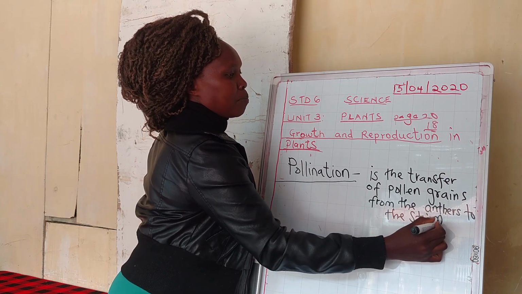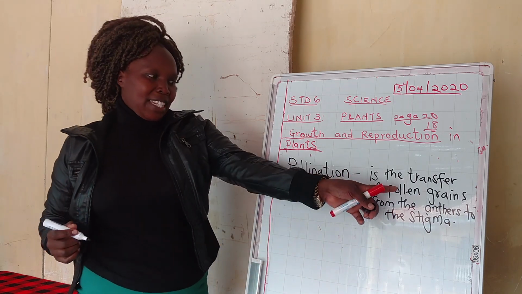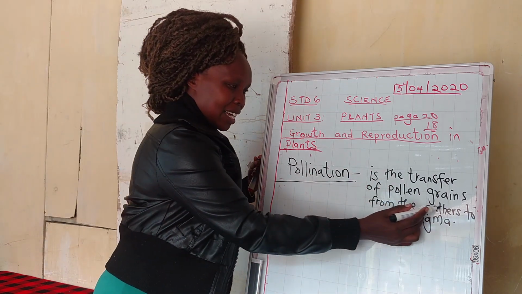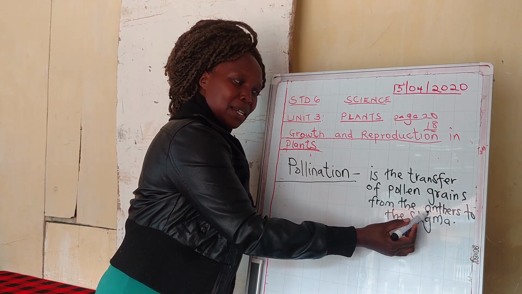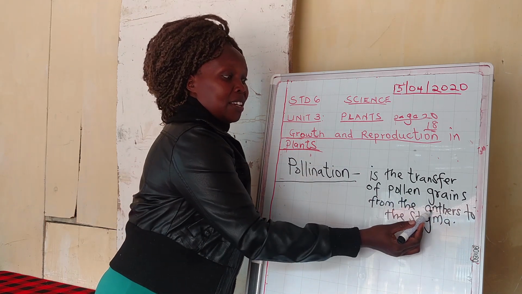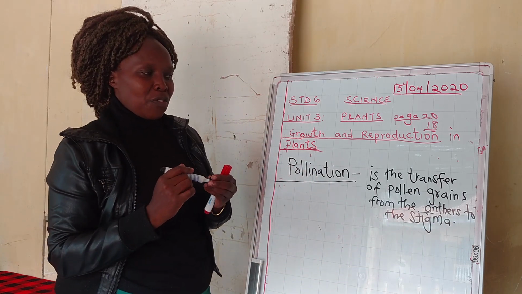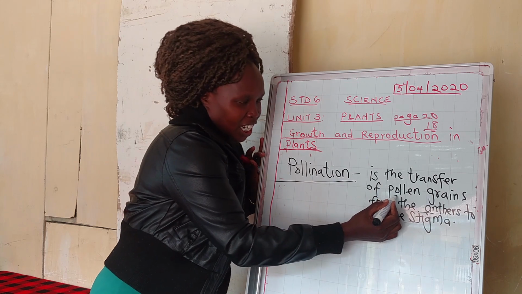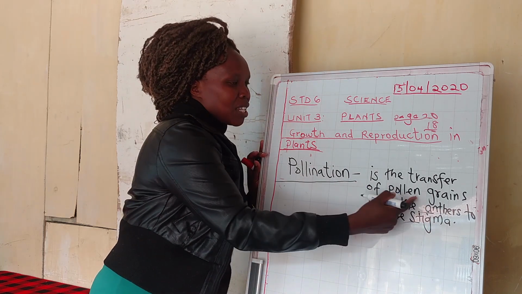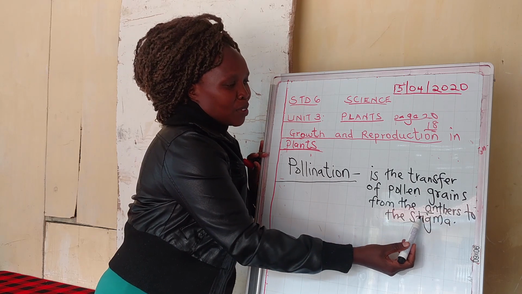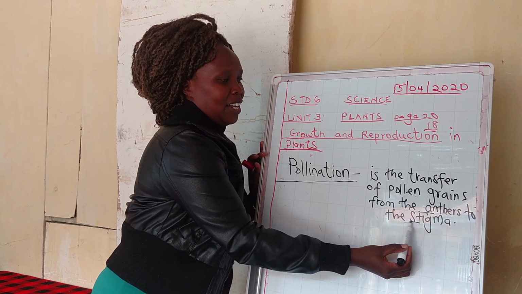Pollination is the transfer of pollen grains, which are the male sex cells, from the anthers to the stigma. The anthers are the male parts, as we have seen, and the stigma is the female part of the flower. So we have these grains here, the male sex cells. They are being transferred into the female part of the flower.